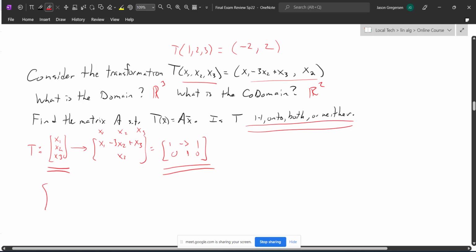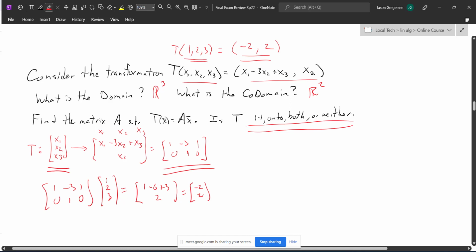In other words, if I took that matrix and multiplied it by some vector, say 1, 2, 3, just like I used as my input up here, that multiplication would do the action of the transformation, and the result would be 1 minus 6 plus 3 and 2, which hopefully will be my value of -2, 2, that same output. So we have found the matrix that does the transformation.